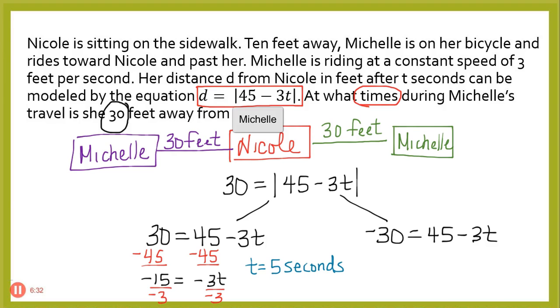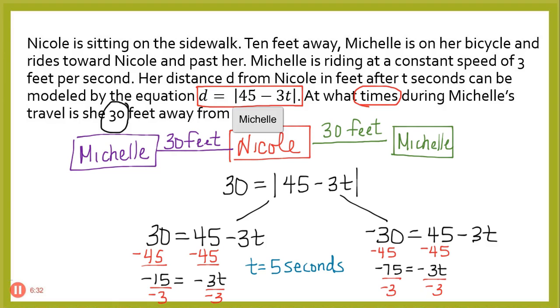Let's do the same thing with our second equation. Subtract 45. And divide by negative 3.